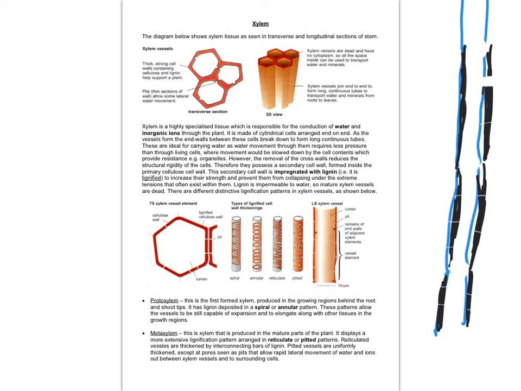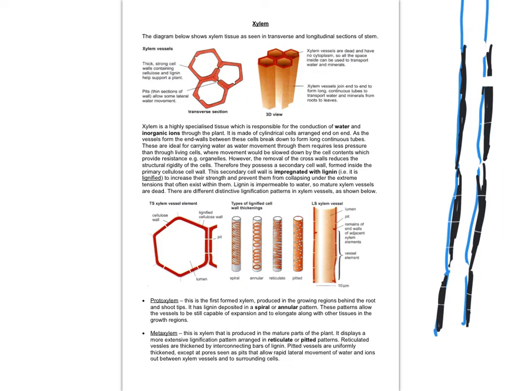But as they get a wee bit older, there's more and more deposited, so it looks like that, which is called reticulate. And then towards the end, it looks pitted like that. So in the early stages, it's spiral, and that's good because you can stretch a spiral. As the plant is still growing, the spiral can get pulled, and the vessels can get lengthened that way.